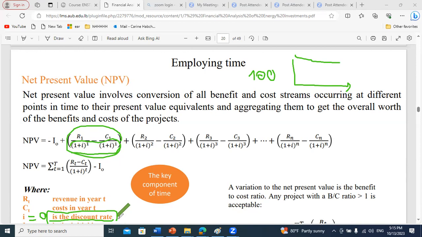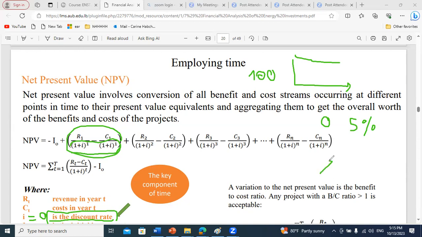So all of these should be implemented whenever we want to do the analysis to be able to decide on I. In general, percentages between 0 and 5% are given for stable countries, okay, that are characterized by solid economy. While whenever we go to developing countries or whenever we have risks, this discount rate can be increased.